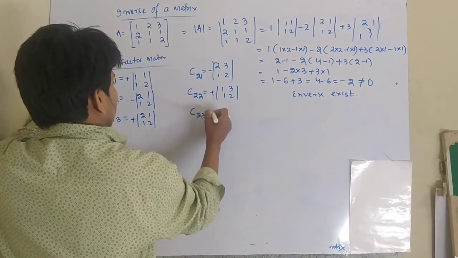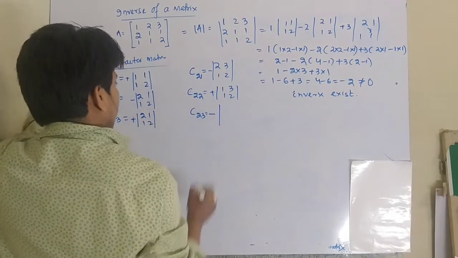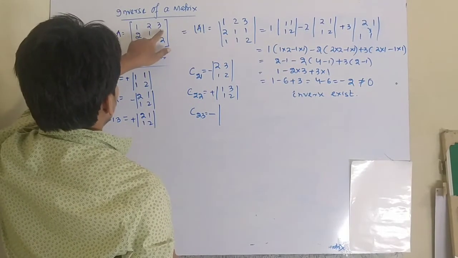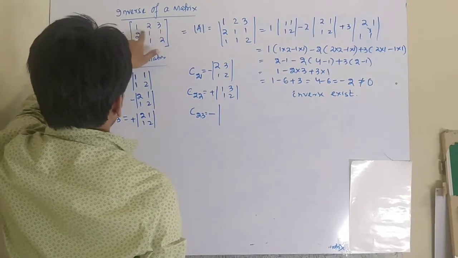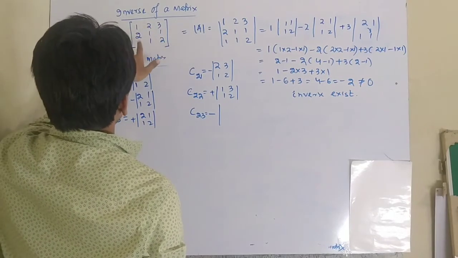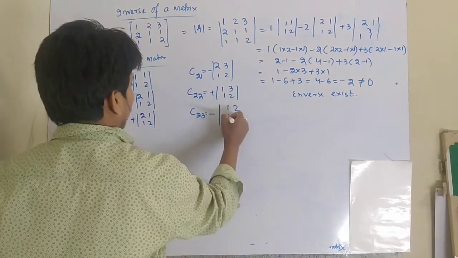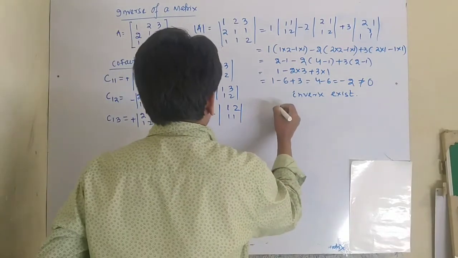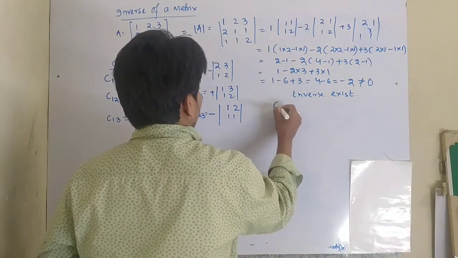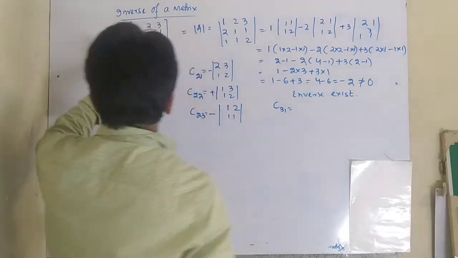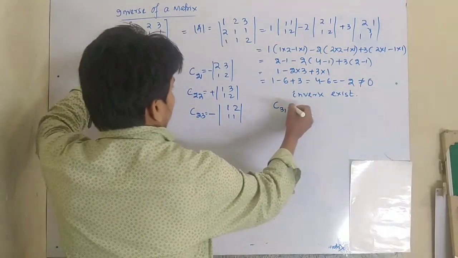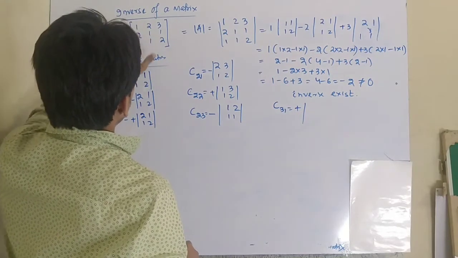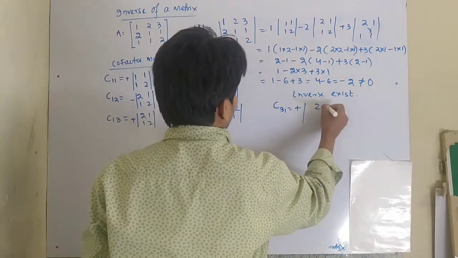C23. C23 has a minus sign here. For this one you have to forget this row and this column. So 1 2 1 1. Like that you can write also here C31. C31 for 1 and the sign is plus. You have to forget this row and this column. 2 3 1 1.